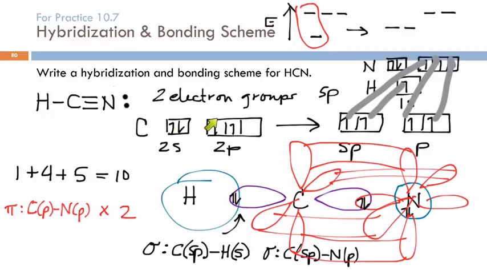That tells me I need to take 2 of these orbitals and hybridize them. So I need 2 on my fingers, s, p. So an s and a p, and I hybridize those, and that's where I get this. And then what's left is these 2. So now I'm not going to really look at how the electrons were positioned here.